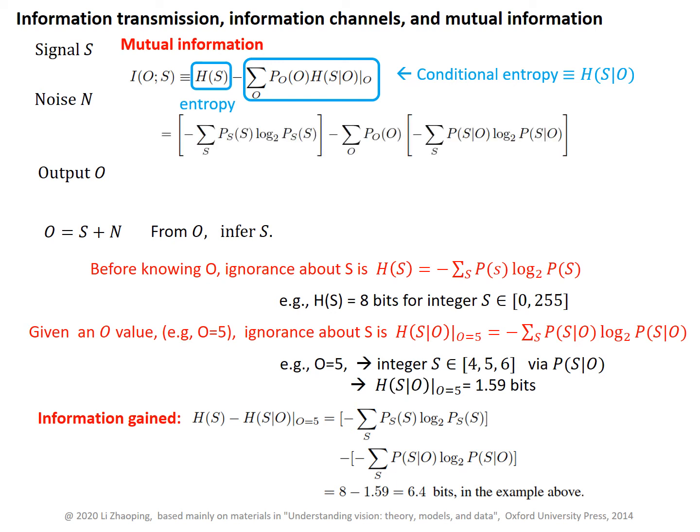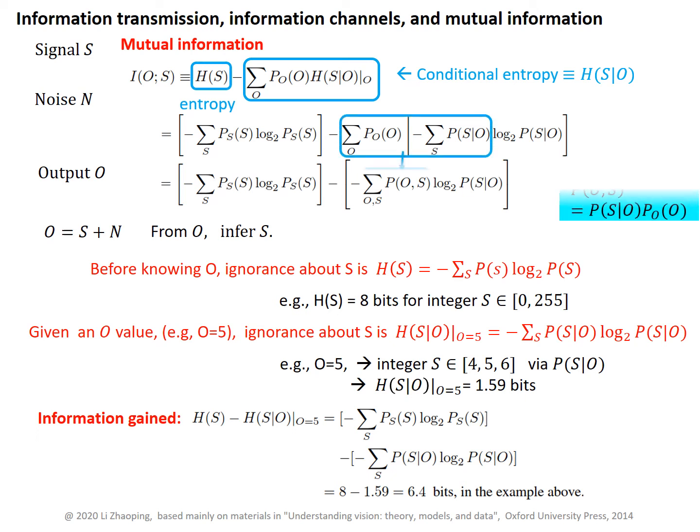And here is when we write out each entropy in detail using the original formula. And here is when we write the second term in another form, noting that the joint probability of O and S is equal to the marginal probability times the conditional probability.